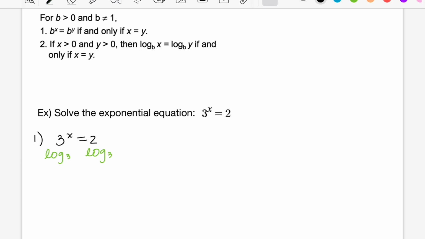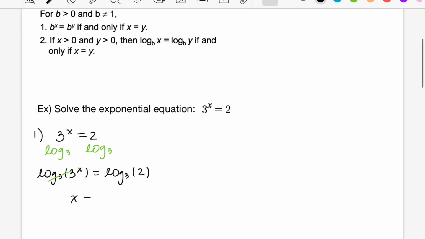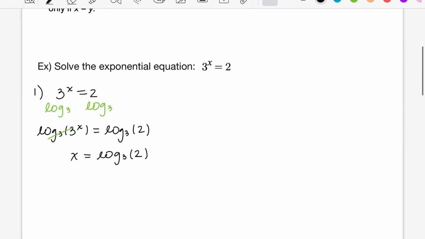So we end up with log base 3 of 3 to the x is equal to log base 3 of 2. Now we saw in the last video that these undo each other, and what happens is that this x drops back down, and we just end up with log base 3 of 2. Okay? So that's one way we can solve this, and this is actually called our exact form.